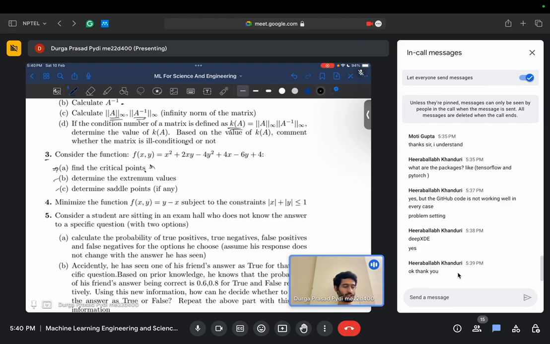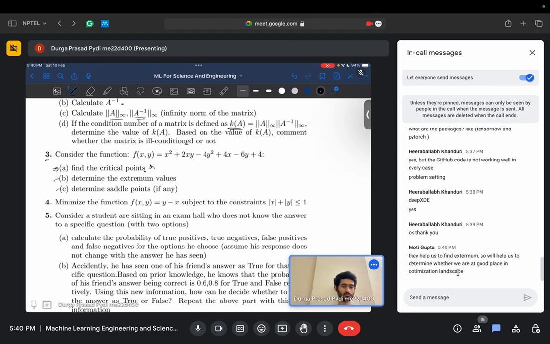So what is so special about critical points or extremum values? Why do I worry about them so much? Now that you mentioned optimization, what are we trying to do in an optimization problem?